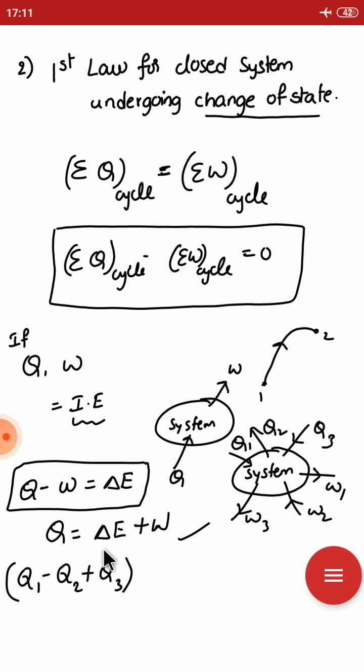I am writing this Q equals delta E. Now for the work, work done by the system is positive, work done on the system, W2, is negative, and work done by the system is positive.